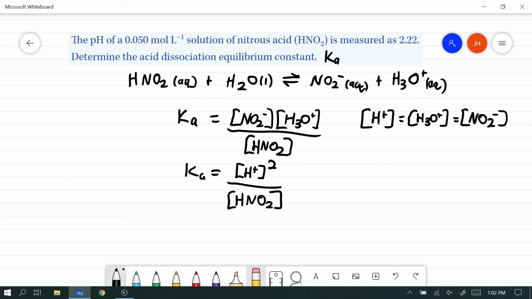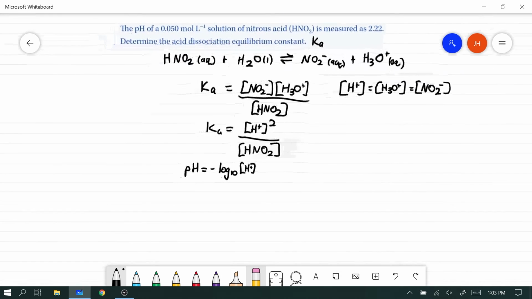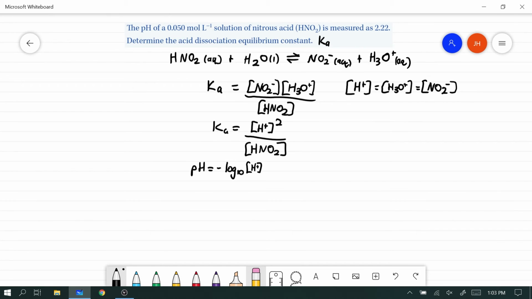We already know the concentration of the nitrous acid. It's been given here. The only thing that we don't know is currently the hydrogen ion concentration. But we can calculate that by rearranging our pH equation. pH is equal to negative log 10 of our hydrogen ion concentration. We already know pH. We don't know H+. So what we need to do next is make H+ the subject using either our algebra or our memory.